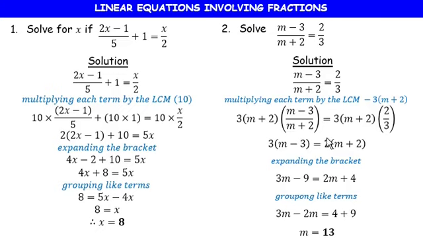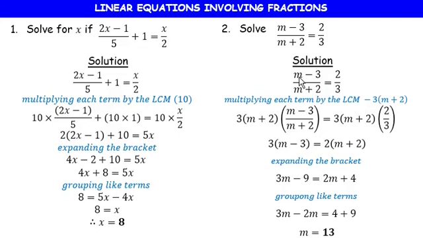Now let me show you another way of solving this kind of question. Whenever you have one fraction being equal to another fraction, you can employ what we call cross multiplication. Cross multiplication simply means that you multiply the numerator at one side of the equation by the denominator of the other side.